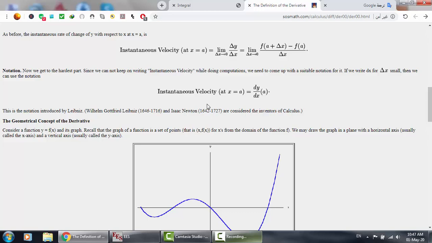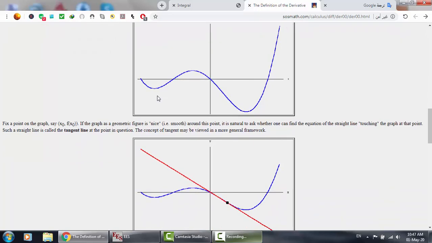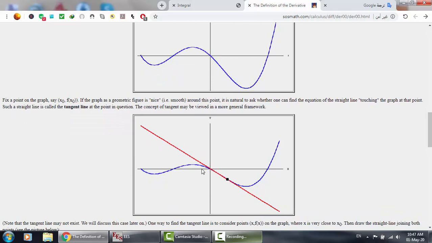So the instantaneous rate of change at x equal a will be dy by dx at a. So this is, for example, the geometric concept of the derivative. We have here a function f(x) from this graph. Recall the graph of a function is a set of points. Okay, no problem with this at all.